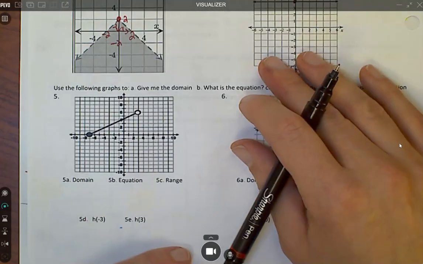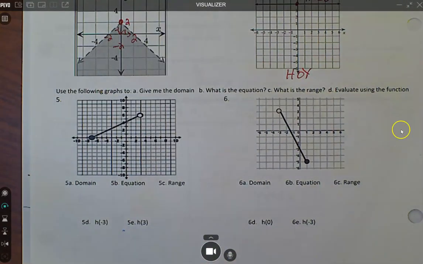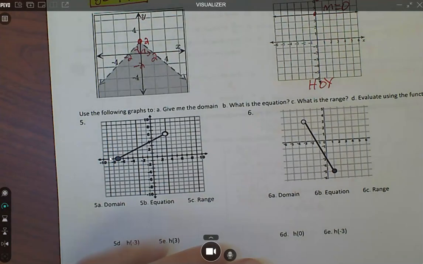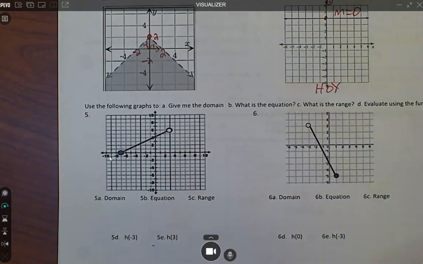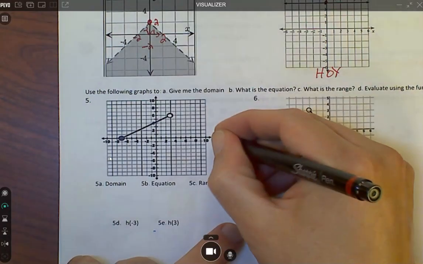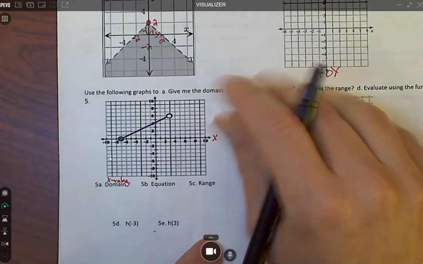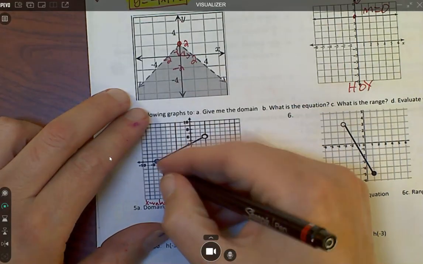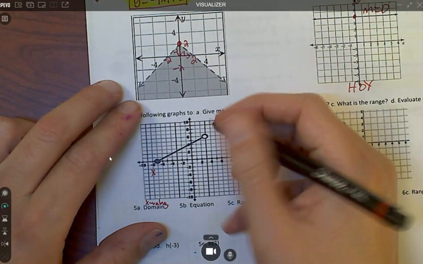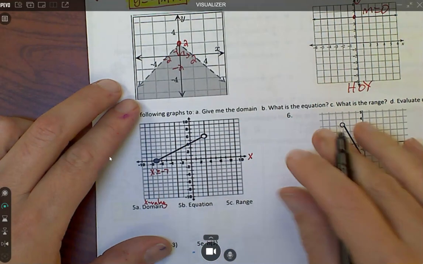Okay, this is something I wanted to go over in class, so I added this. It says domain. Domain is all the x values. There's 2 ways we could write this domain. This is x is greater than or equal to negative 7.